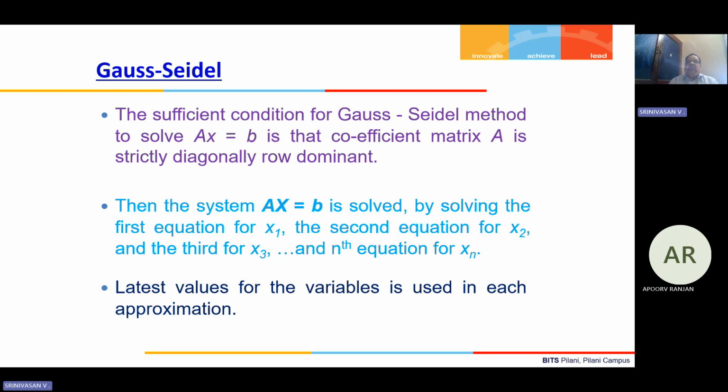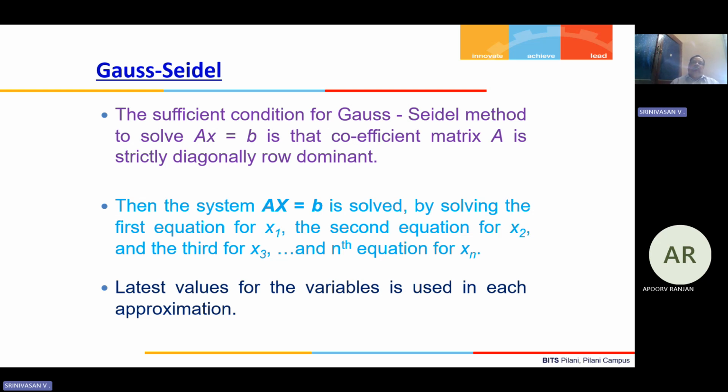So it need not always be 0, 0, 0, but in general, unless you are asked to start with an initial approximation of x equal to y equal to z equal to 1, it is always considered to be x equal to y equal to z equal to 0 for simple calculation. Is it right? So when you are putting x2 and x3 equal to 0 for finding x1, that x1 value will be used in finding x2 and x3, and similarly for x2 and x3.